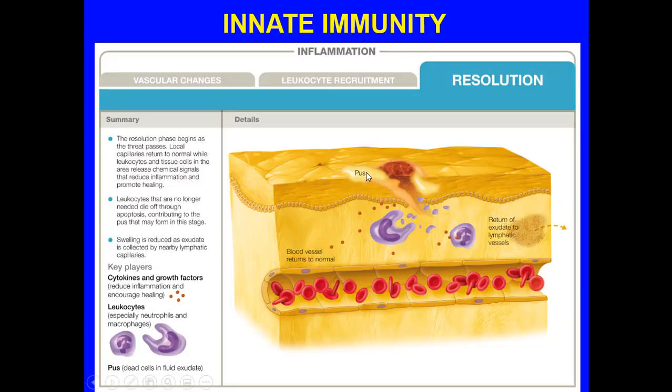As you can see here, we may have had some pus that is leaked up to the surface, the return of the exudate to the lymphatic cells, the lymphocytes, and the neutrophils, and the macrophages. These guys are all going to either die or move off, okay? Pus is really dead cells with a fluid exudate, okay? Swelling is decreased, inflammation falls off, it's reduced.